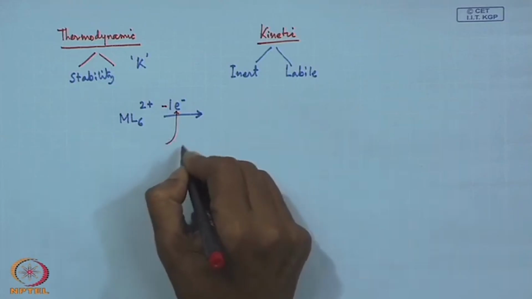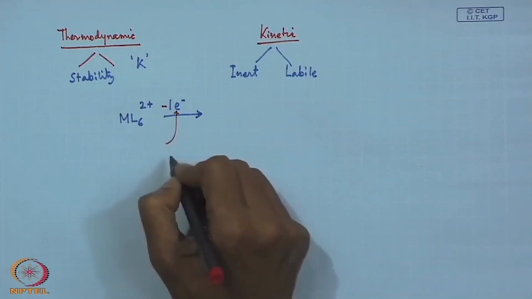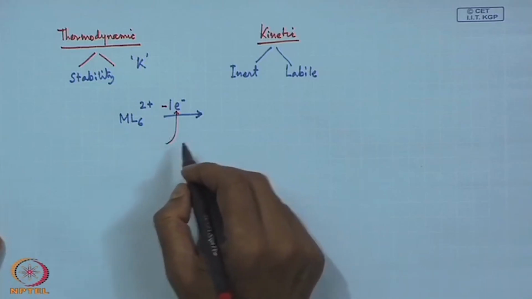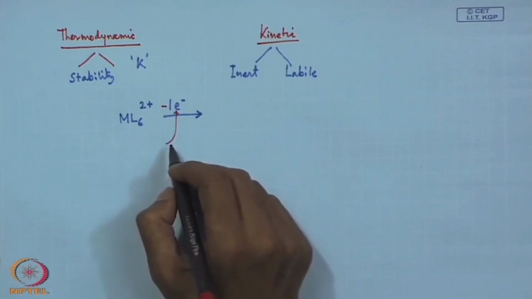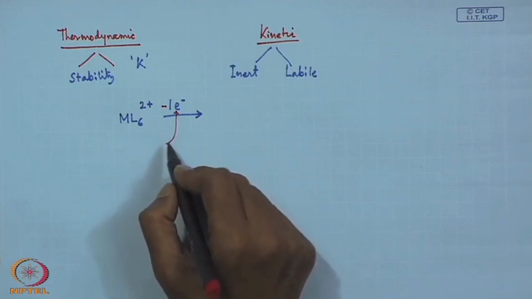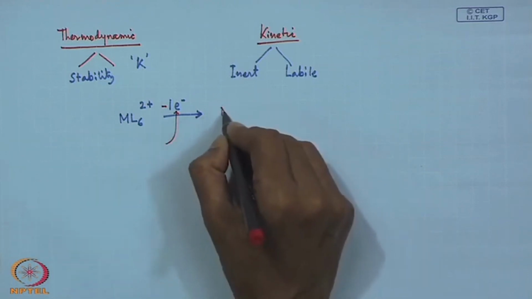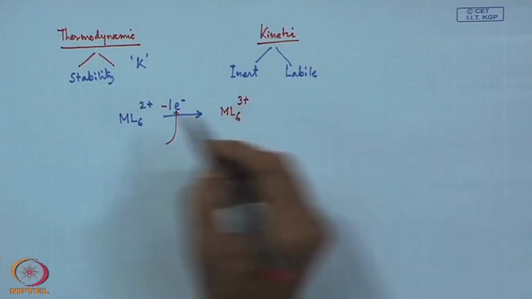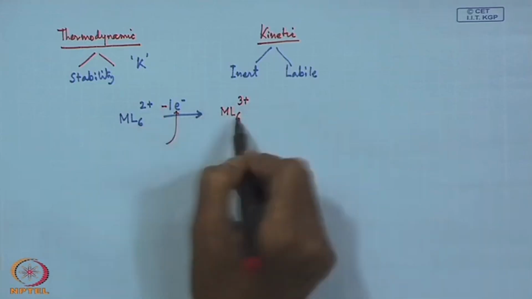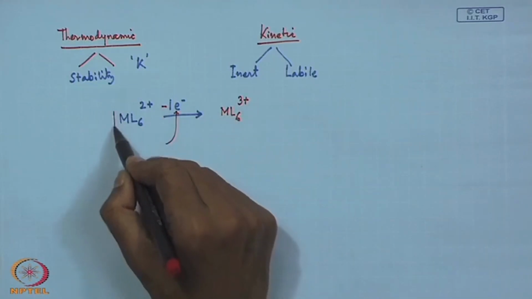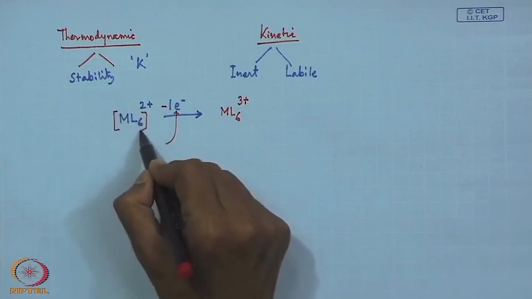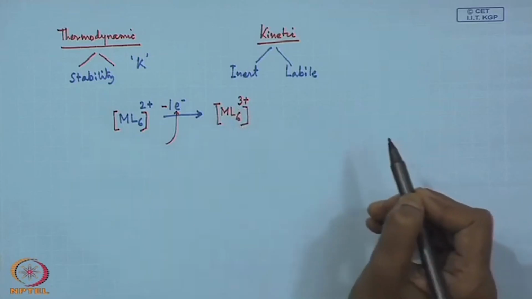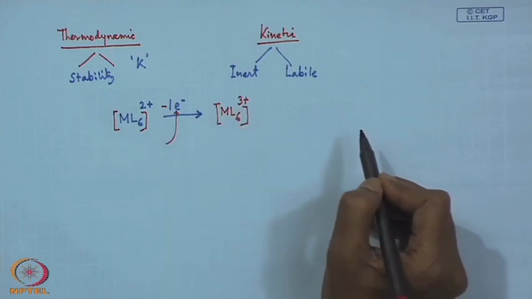It can be some species in the reaction medium, or simply the electrode of an electrochemical system like a cyclic voltammetric or coulometric system, giving rise to ML6 3 plus. This electron transfer takes place between these two species. Both of them are ML6, with only a change in the oxidation state of the central metal ion.